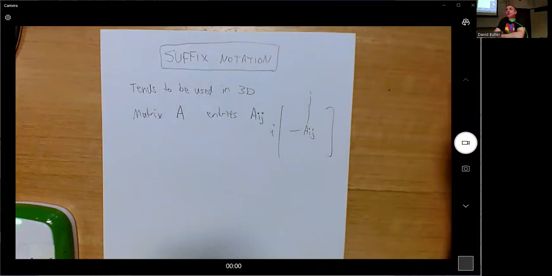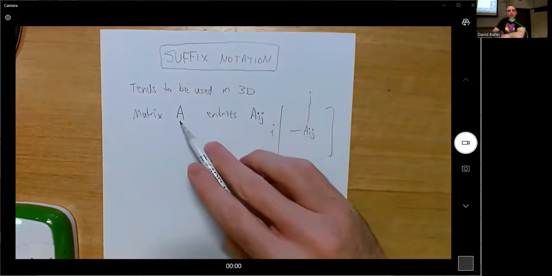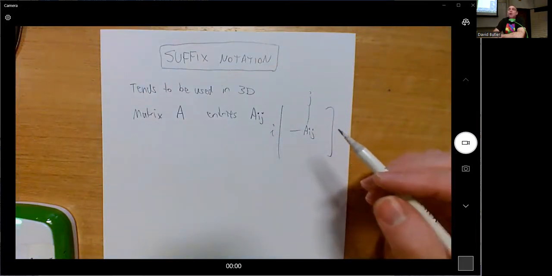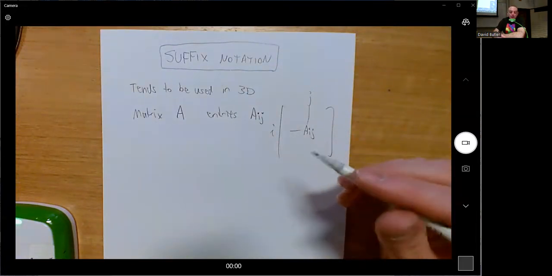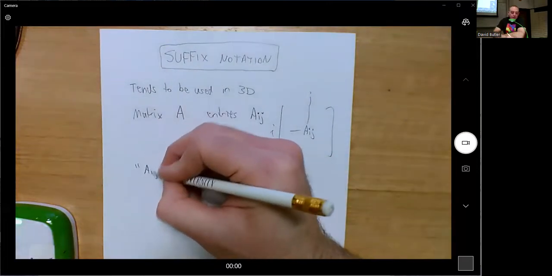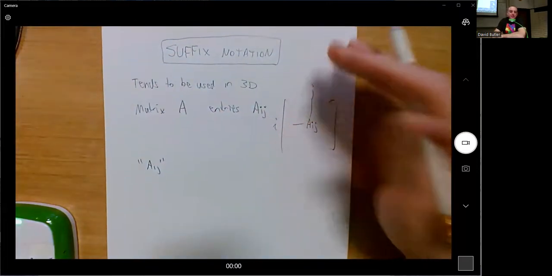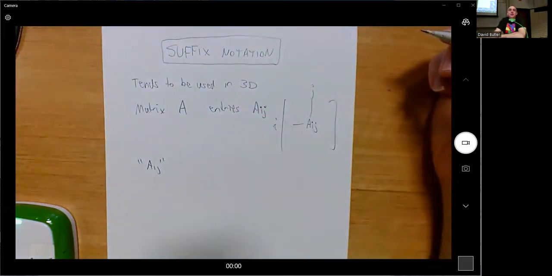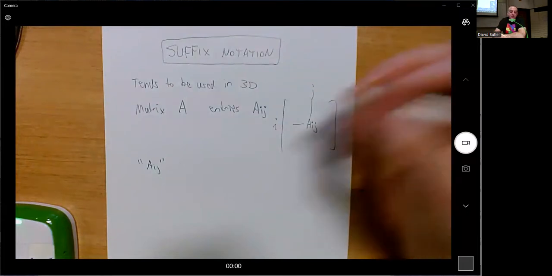So the way that suffix notation is used, my understanding of it, is that people don't really distinguish between the matrix as a whole and its entries. So when you just write A_ij, like that, this is representing every specific entry of the matrix A, the one that's in position i and position j.